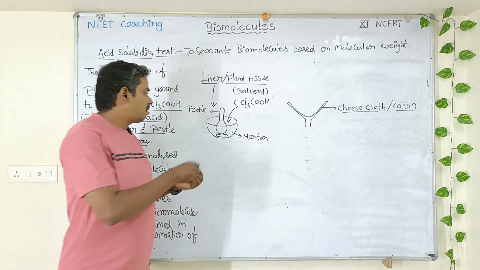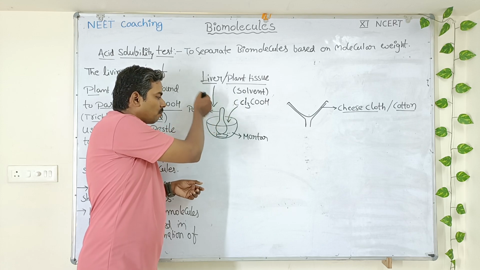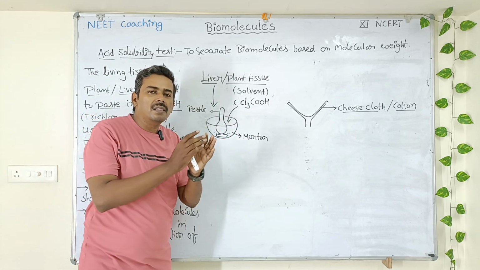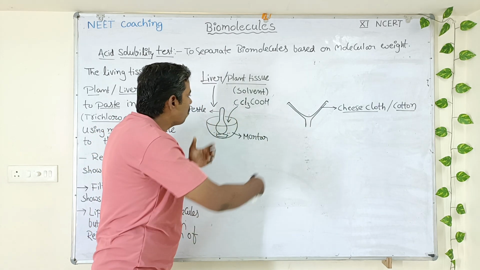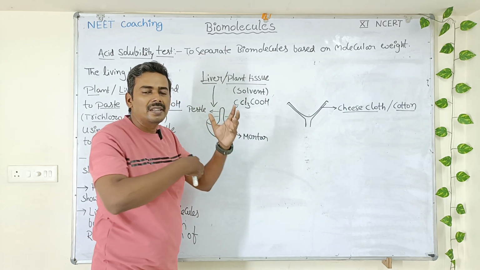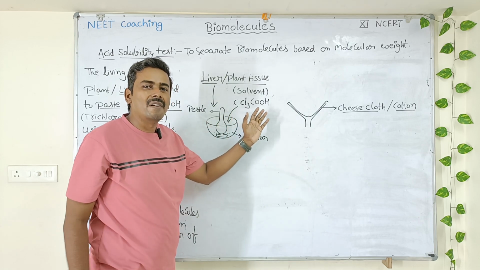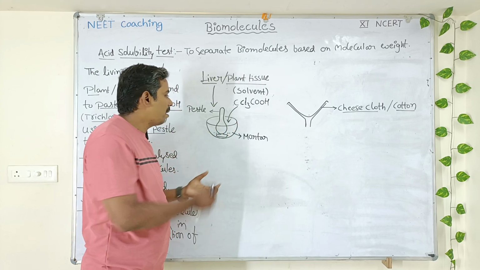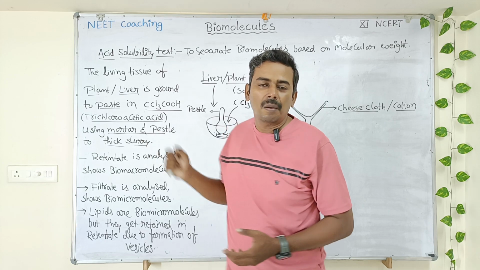When I grind like this, because of the friction the liver tissue gets broken, all the liver cells get ruptured, the molecules come out, and some of the molecules dissolve in the solvent trichloroacetic acid. This is the process which happens when we are pestling the liver tissue in the mortar.